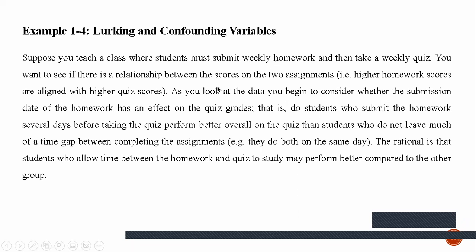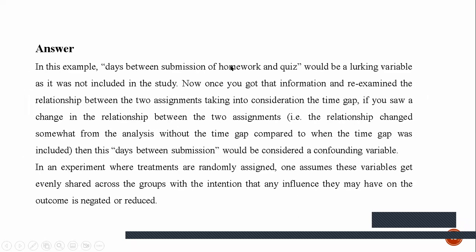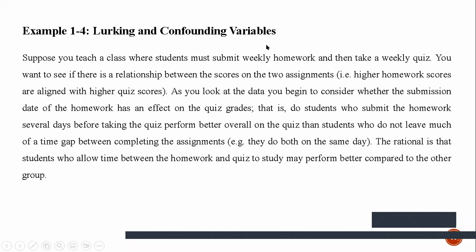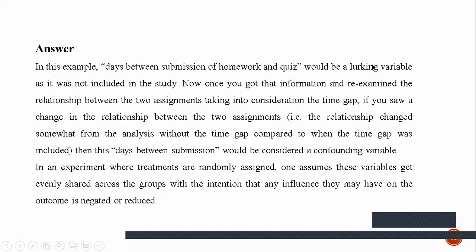Hope you can read this one and identify what the lurking variables and also the confounding variables are. If you have any questions, you can ask me from next day. Otherwise, the answer is also provided within this lecture note itself.